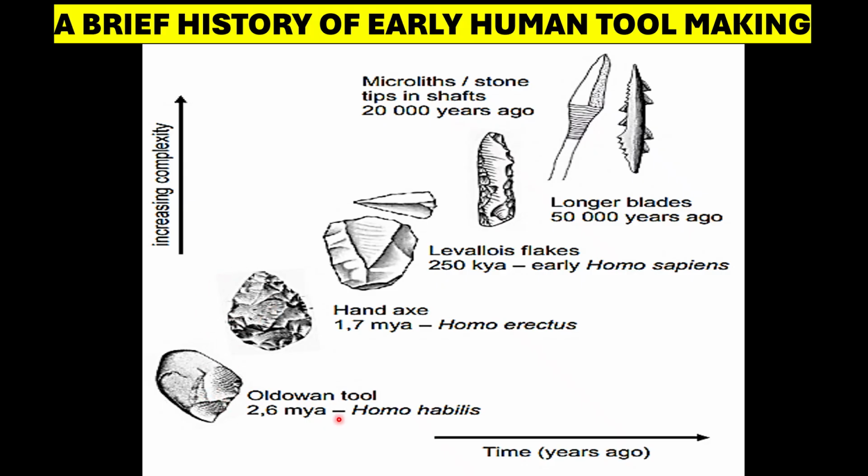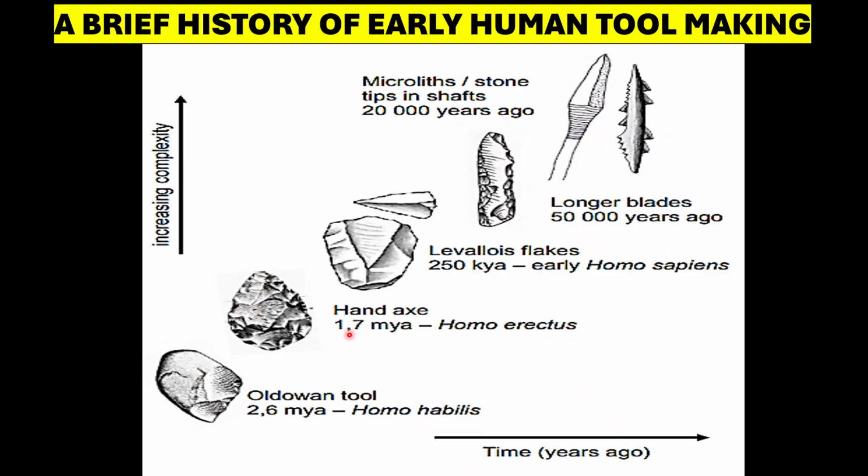So this tool was made by Homo habilis, the handyman, some 2.6 million years ago. And as time went by, they improved. The tools became well developed because they wanted to make something that can be used for cutting. This one doesn't look sharp. This one looks well developed.